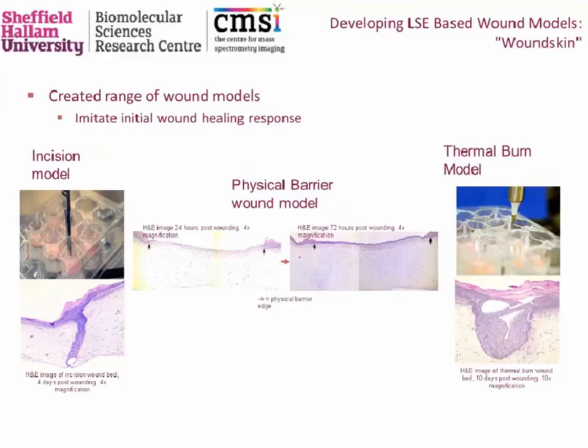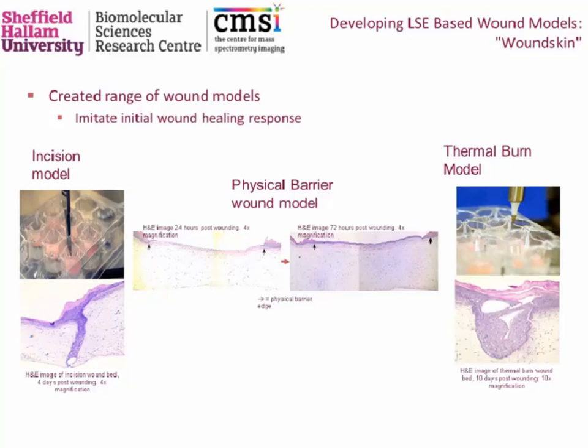And we can see on the next slide how we went about producing the wounds. So we evaluated 3 methods for producing wounds in the 3D skin model. Those were a simple incision model, inserting a physical barrier, and burning the skin.